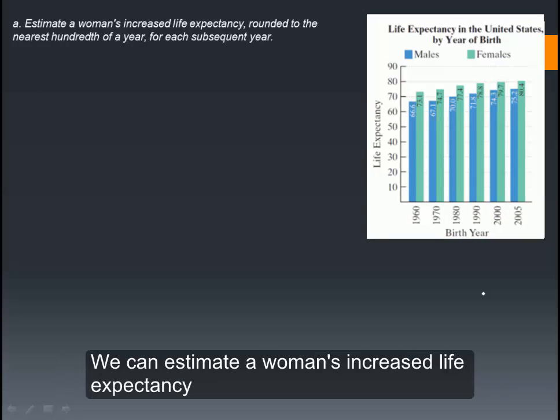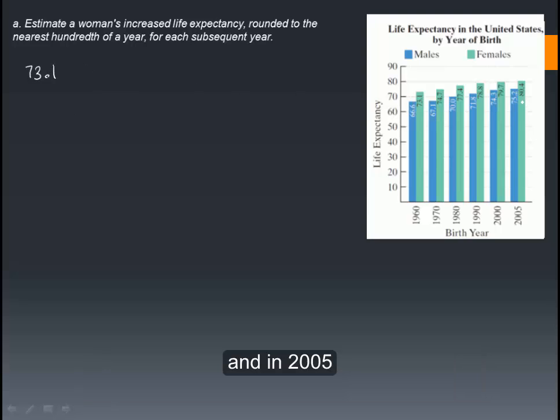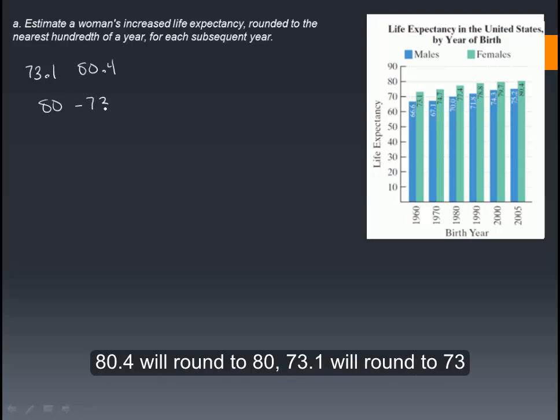We can estimate a woman's increased life expectancy. In 1960, a woman was on average living 73.1 years. And in 2005, 80.4. So we can round these. 80.4 will round to 80. 73.1 will round to 73.